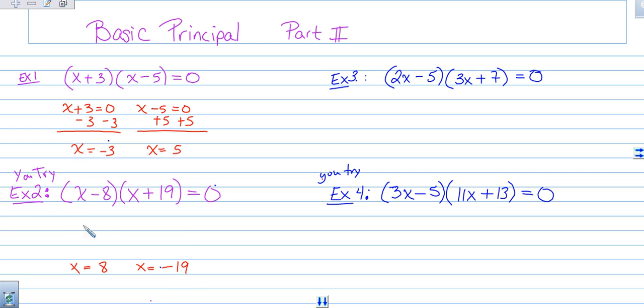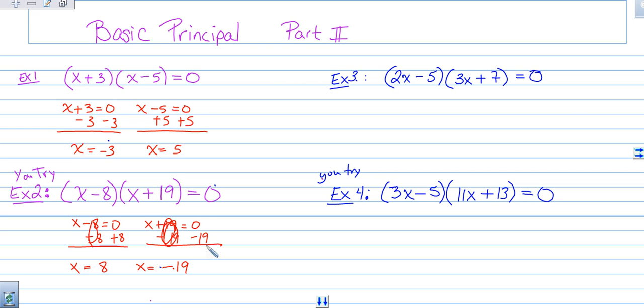And then just to show you how you got that, you go x minus 8 equals 0, x plus 19 equals 0, and then you add 8 to both sides, and that cancels out. It gives us 0. So you get 0 plus 8 is 8, and here you'd subtract 19. Okay, and that gives you 0, and 0 minus 19, negative 19.